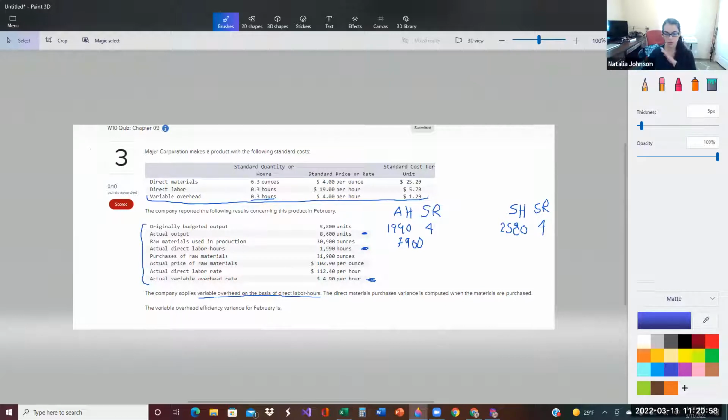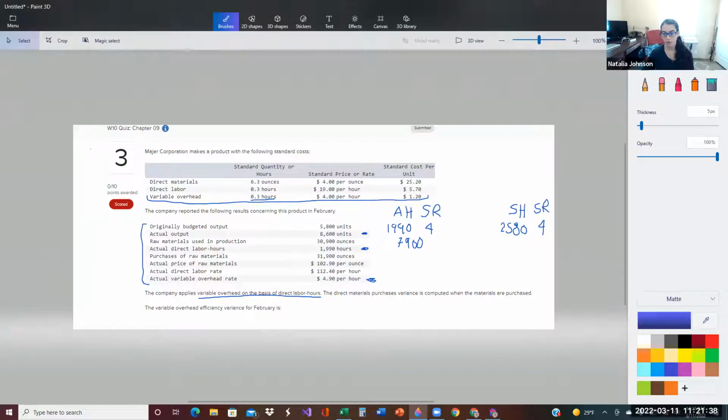So every time they say the original budgeted units, just ignore it, because we're only going to use the actual. So the original budgeted output is just for a flexible budget, not when you're doing variances? Right, yeah. And I don't remember any question where you have to use the budgeted output, at least for this chapter. So just use the actual output.